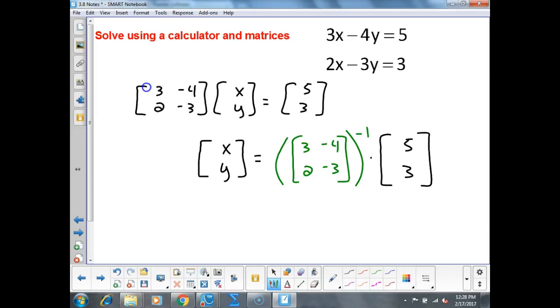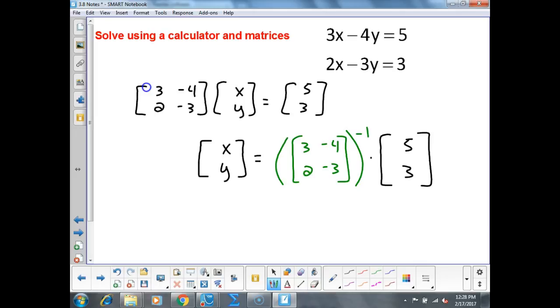Correct? Okay. So if you were doing it by hand, you would find the inverse. Okay. -9 plus 8, so that's -1, and then it would be -3, 4, -2, +3, multiplied through.